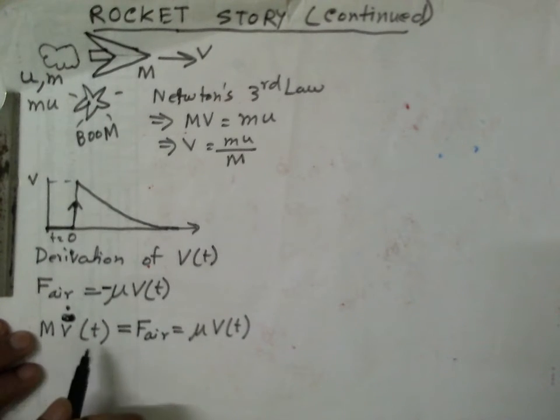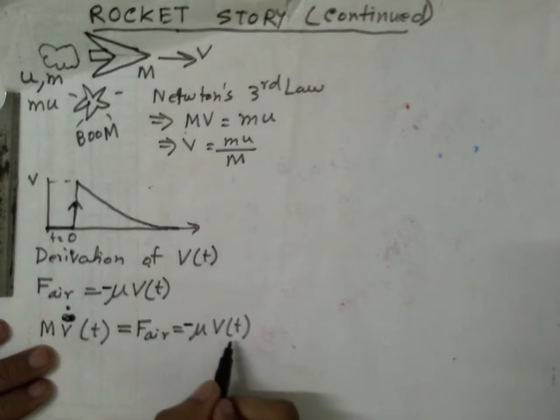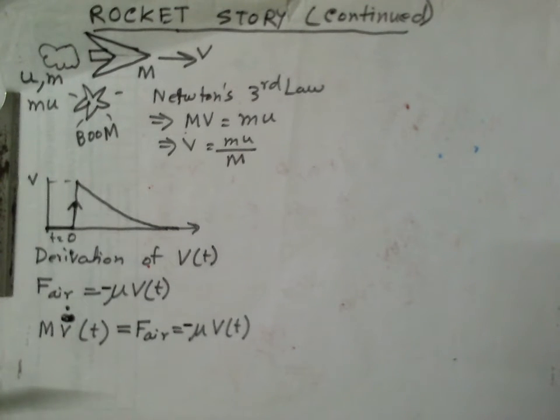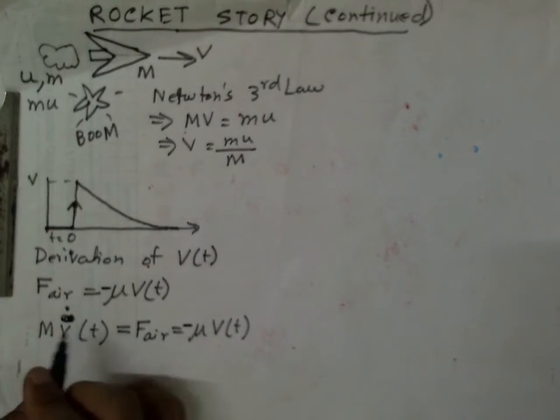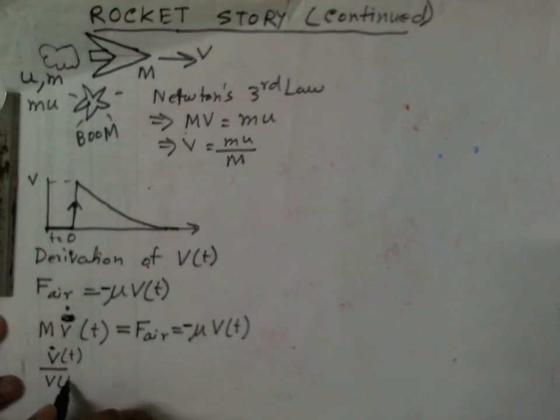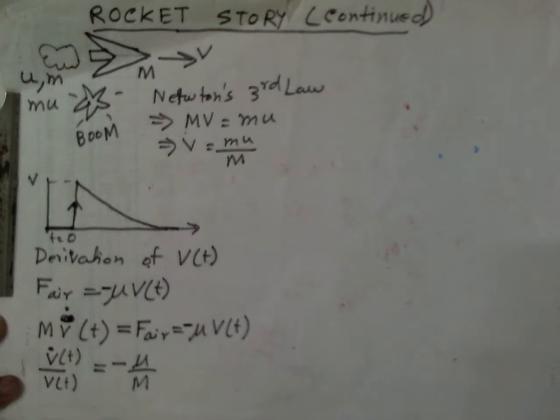So mass times the acceleration of the rocket is equal to minus mu times v(t), right? Now we have v dot t by v(t) equals minus mu by M. I bring v to the left side and take M to the right-hand side, so I get this. Now I can integrate it over time.